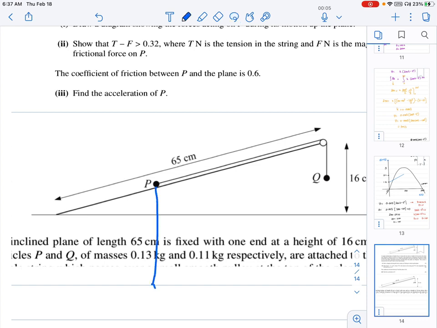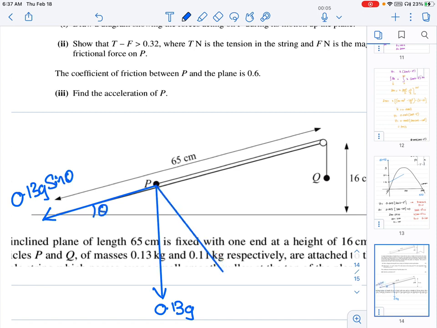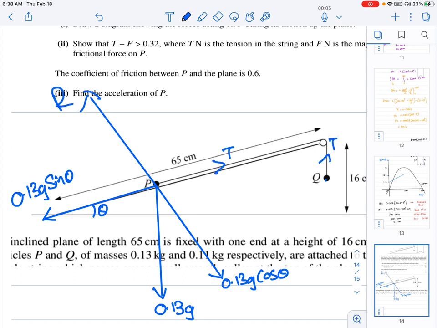So 0.13 G is acting vertically down, then downwards along the slope it will be 0.13 G sine theta, this angle is theta, then perpendicular to that one will be 0.13 G cos theta, and it is balanced by normal reaction R, and there is a tension T towards the pulley, and the weight is 0.11 G, that is for Q also.